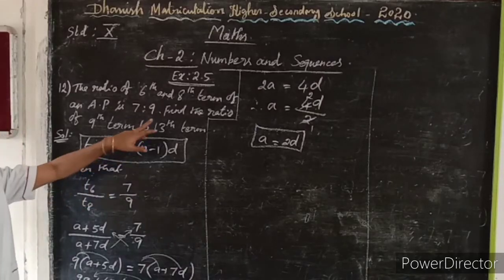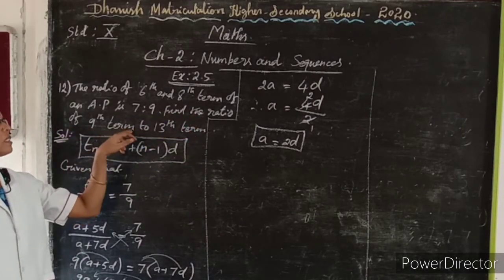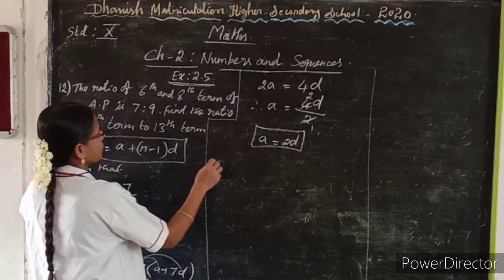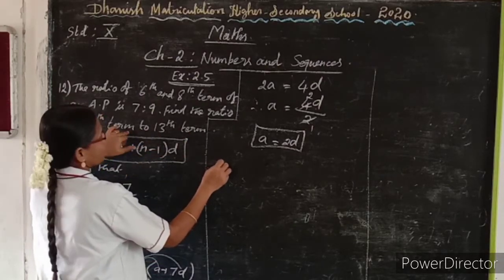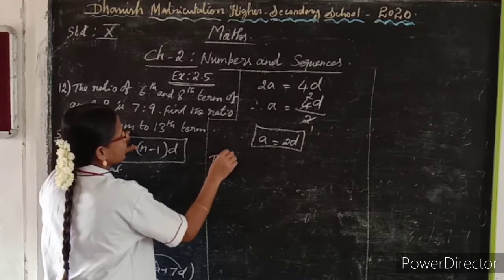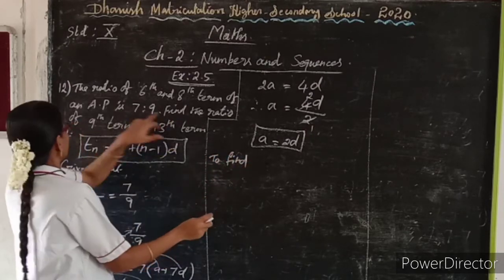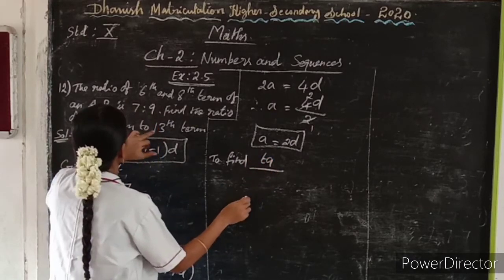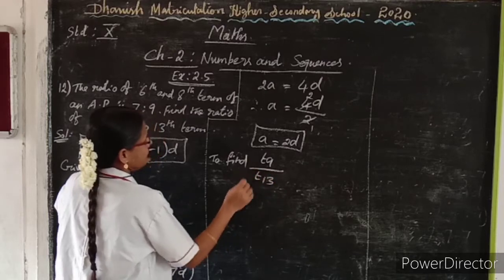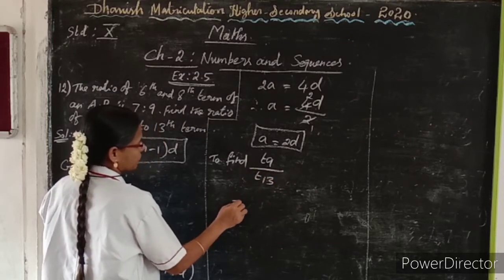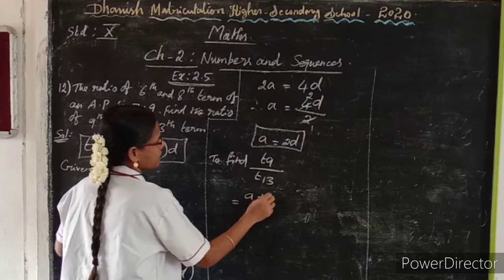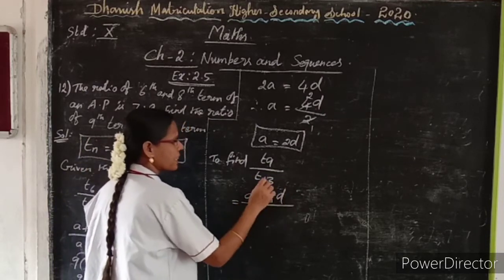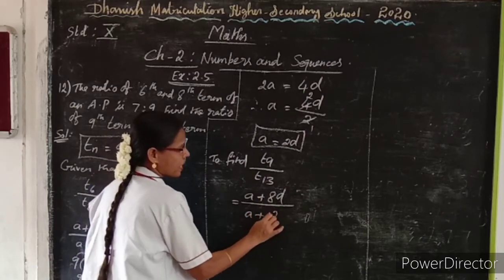So what is our question? Find the ratio of the 9th term to the 13th term. So to find T9 divided by T13. T9 is A plus 8D, divided by the 13th term, A plus 12D.